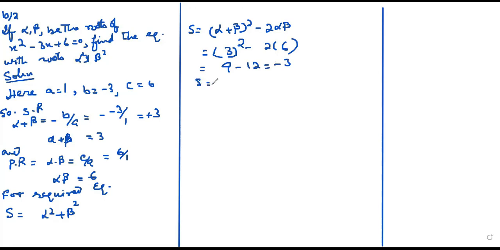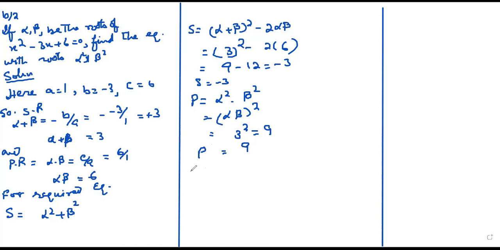So S equals to minus 3 and P equals to alpha square times beta square, which is equals to alpha beta the whole square, which is equals to 9. Means P equals to 9.